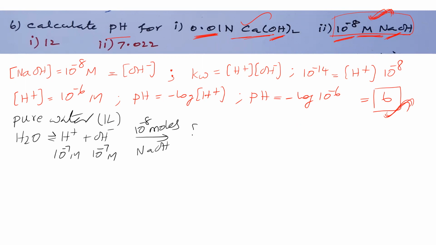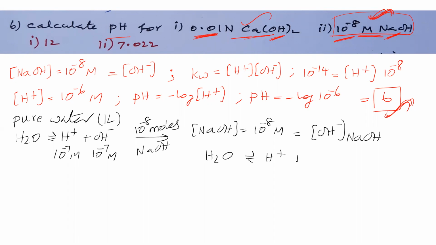Therefore, in the resultant solution, the sodium hydroxide concentration is 10 to the power of minus 8 molar. This sodium hydroxide is a strong base which undergoes complete ionization to give hydroxide. So the hydroxide contribution of sodium hydroxide is 10 power minus 8 molar. Now in the resultant solution, this equilibrium will be there: H2O is in equilibrium with H plus and OH minus.